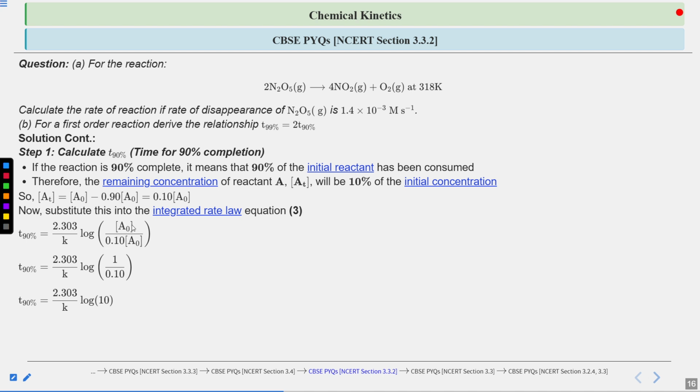Okay, similarly we put the values, and from here A naught will cancel out, 1 upon 0.10 will come. You can solve it and write it as log 10. Log 10 is equal to 1, because the log already has base 10, and if the base and the value are the same, it is equal to 1.